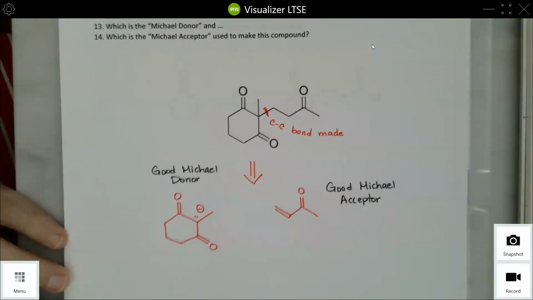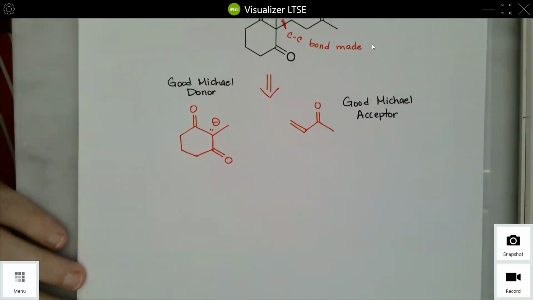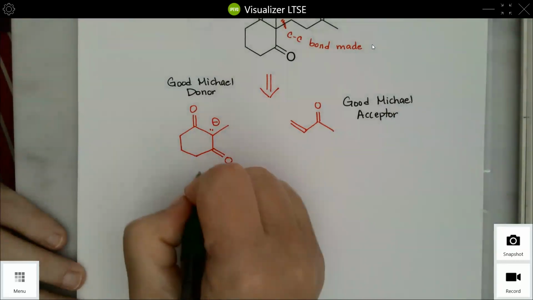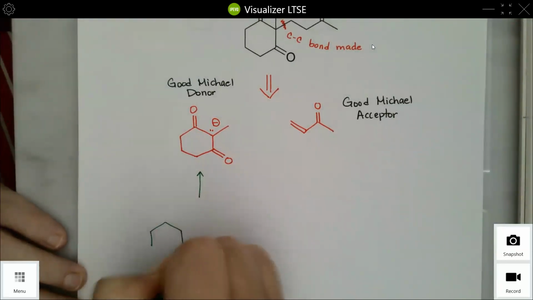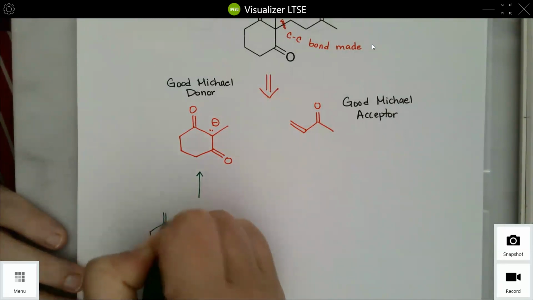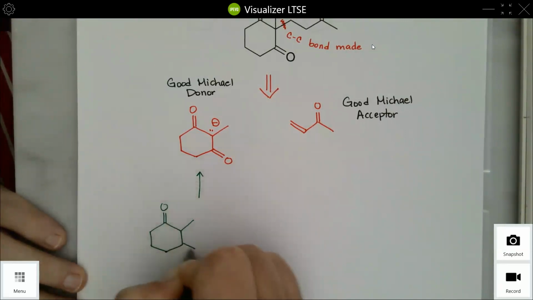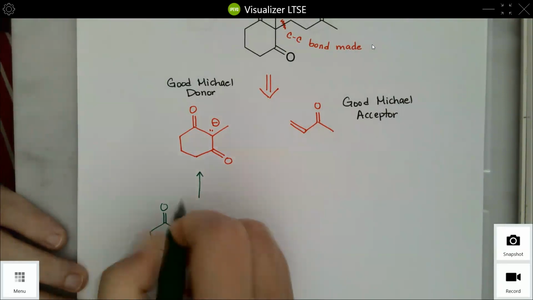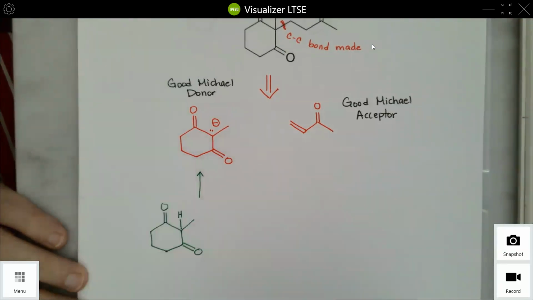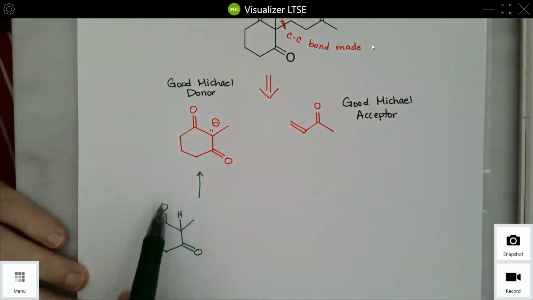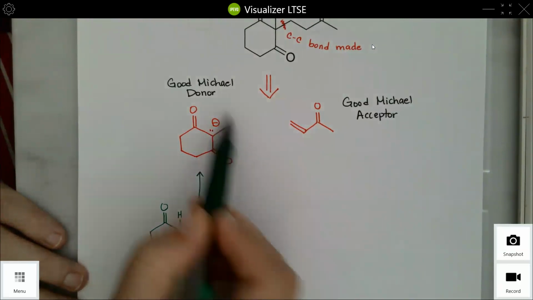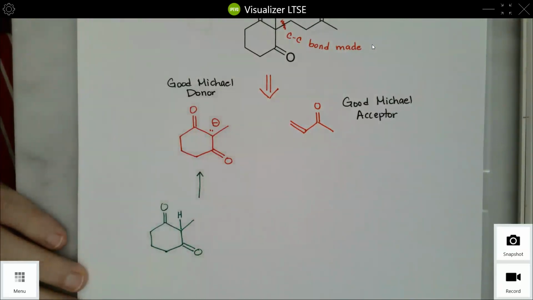And of course, we can think of this one as being produced from deprotonation of the hydrogen here. So this is an acidic hydrogen with a pKa of about 10. It's acidic because it's going to be a stabilized conjugate base.